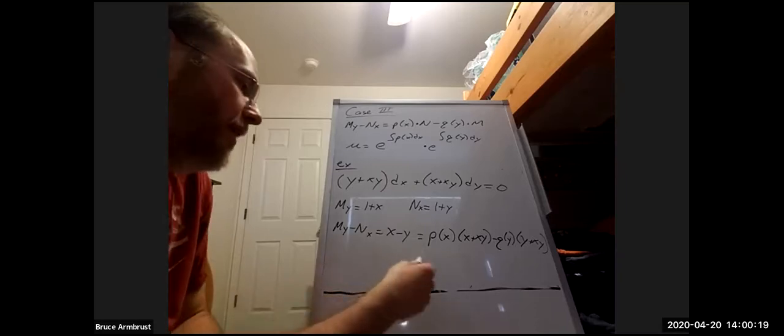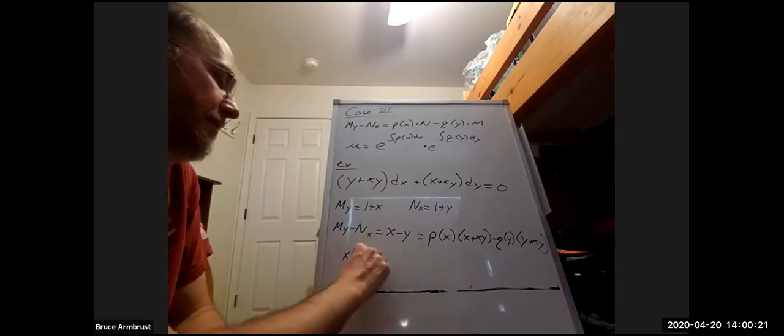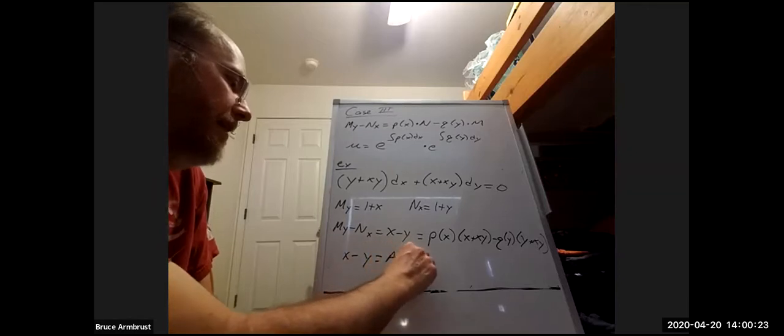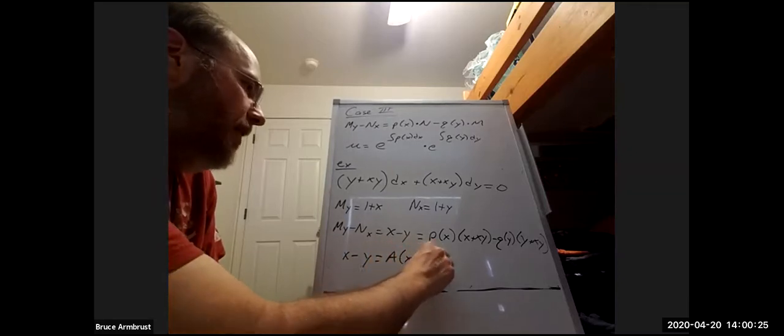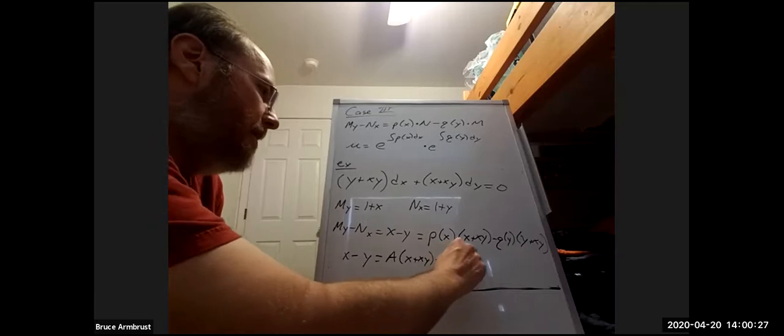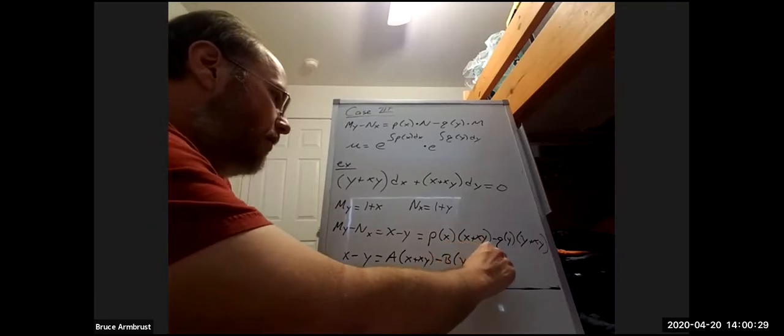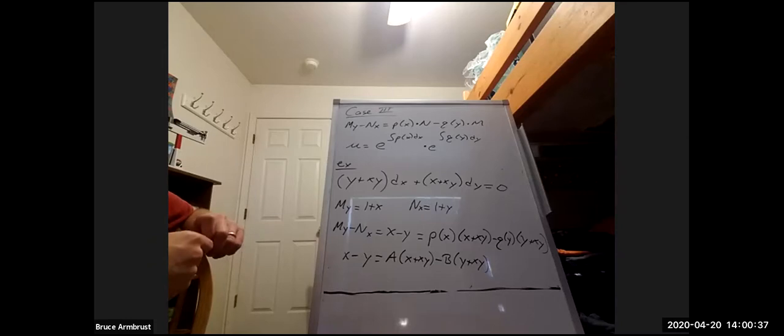So then what I'm looking at is I need x minus y to equal a times x plus xy minus b times y plus xy. So let's see what this suggests a and b are.